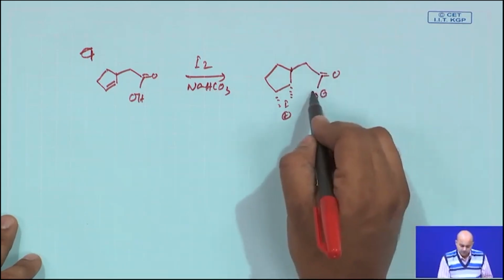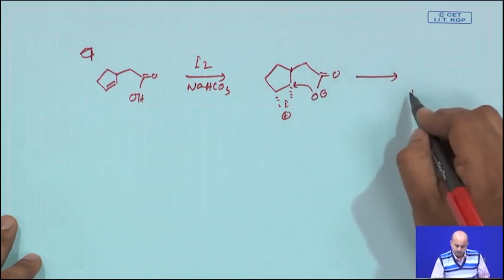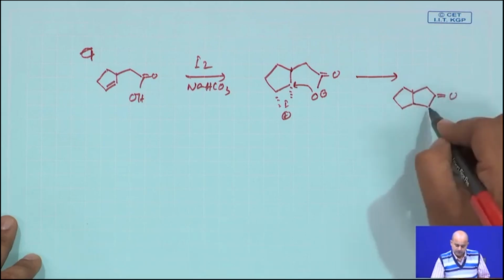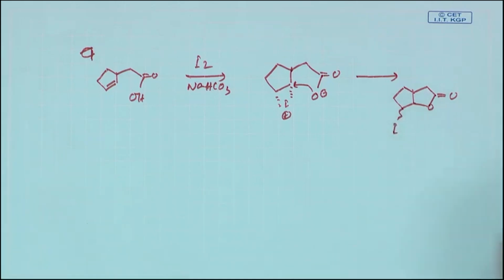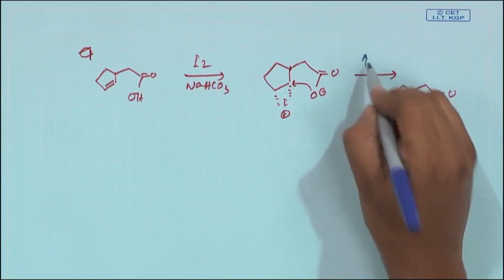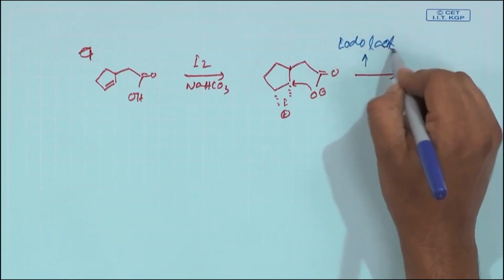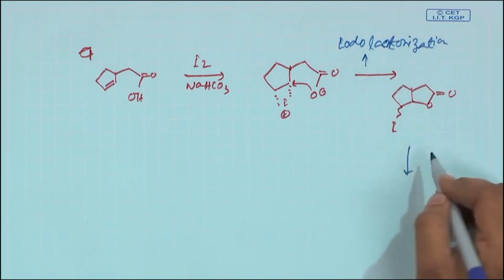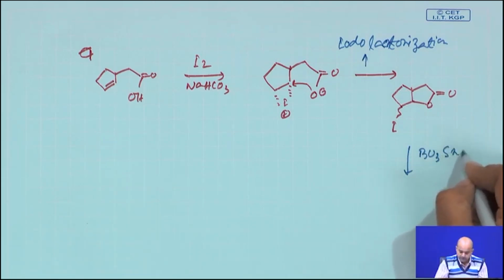Now, this will instantly undergo nucleophilic opening of this iodonium ion. So, what will you get? You get this O and this I. It could be iodolactonization, could be bromolactonization, whichever way you can do it. This is basically a lactonization reaction.